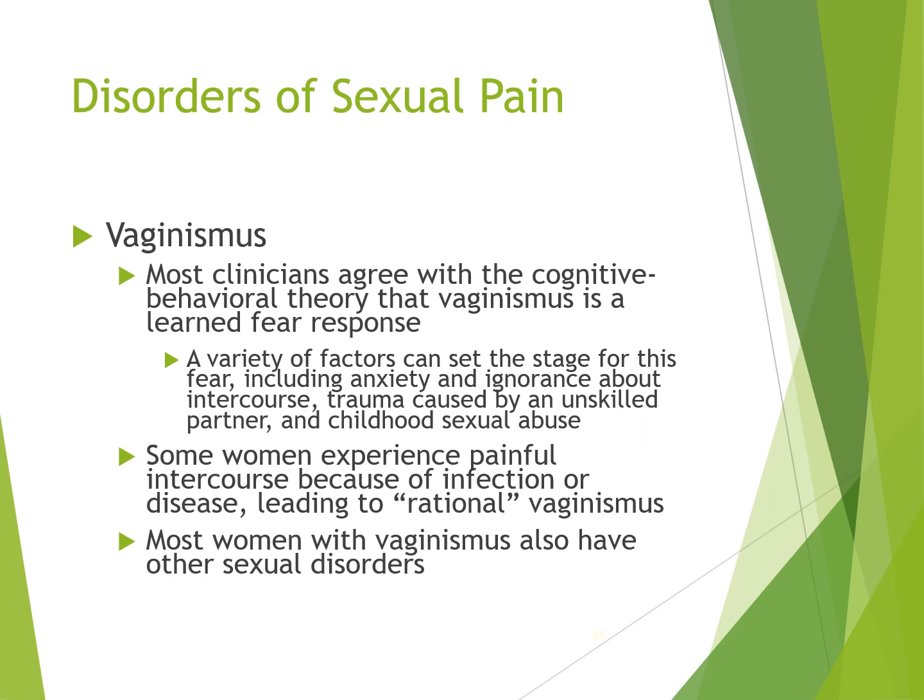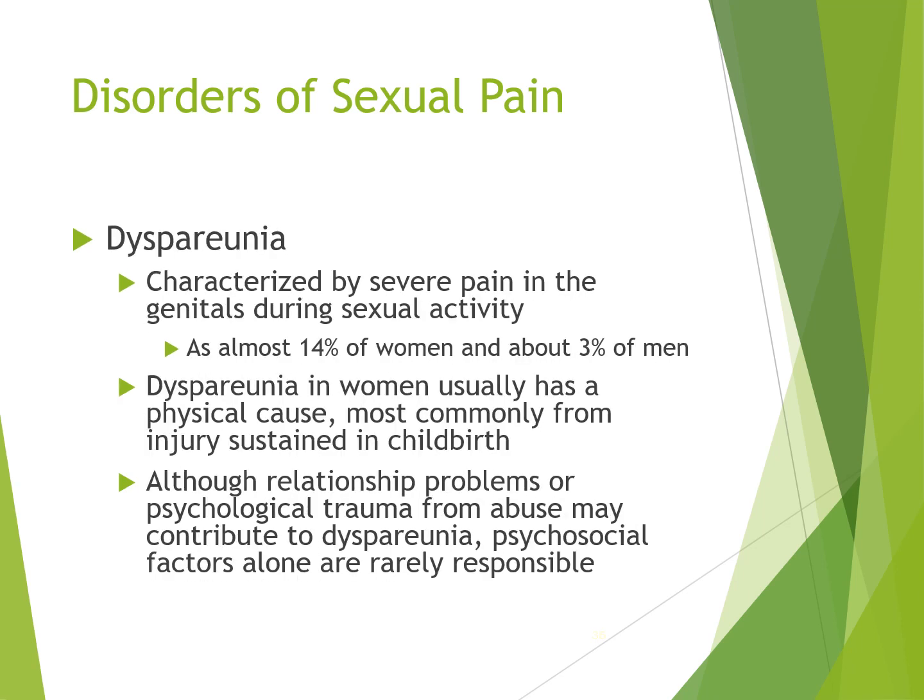Now, many causes could lead to this. Maybe they have had some past experience of sexual pain. Could be anxiety, maybe this is the first time, trauma, many unskilled partners, amongst others. Dyspareunia, on the other hand, is just severe pain in the genitals during sex. So somebody's having sex, but it's quite painful.